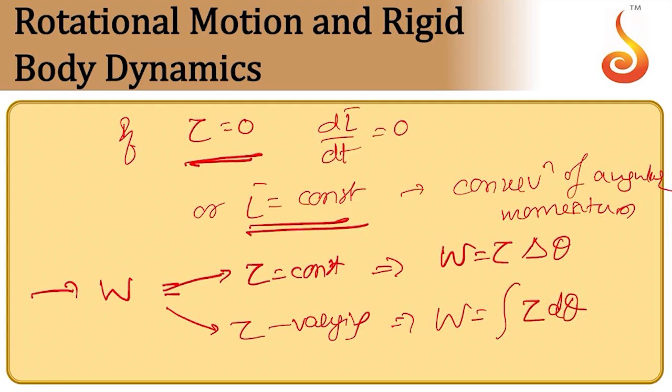So, work done by the torque, constant torque or variable torque, is given by this expression. So, these are some important concepts as far as rotational motion is concerned. We will continue with numerical problems in our next session.